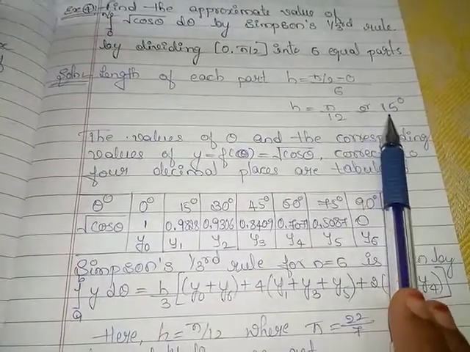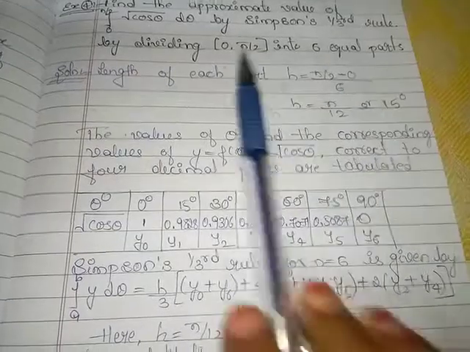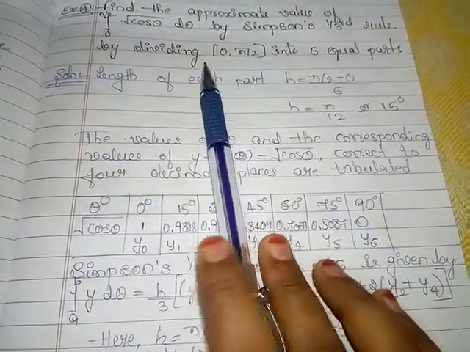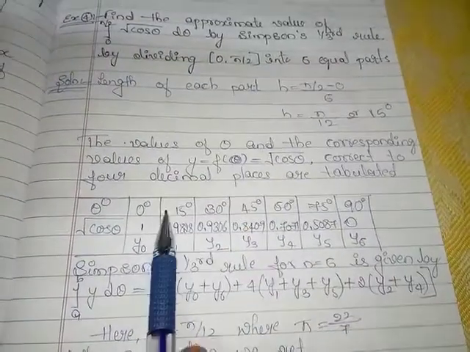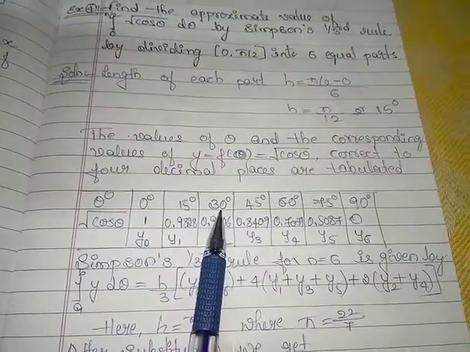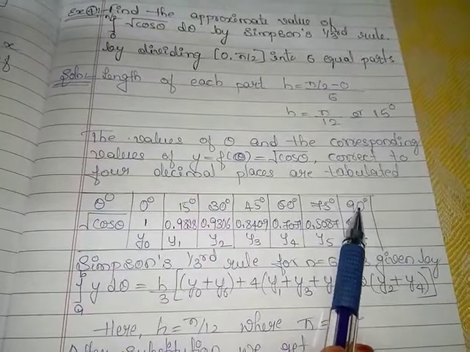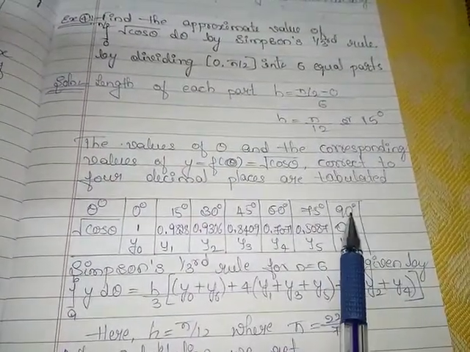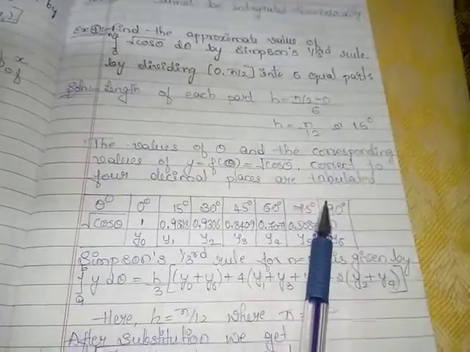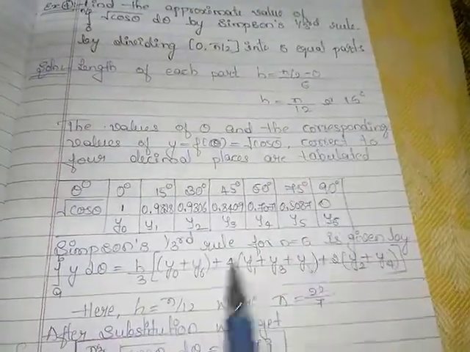Here it is 15 degree. Start with this one. Here our starting x value is 0. Add 15 degree, we get 15. Then add 15 degree, we get 30 degree. Similarly up to 90 degree, because here pi by 2 is 90 degree. Our b value should be pi by 2. Therefore it is 90 degree.